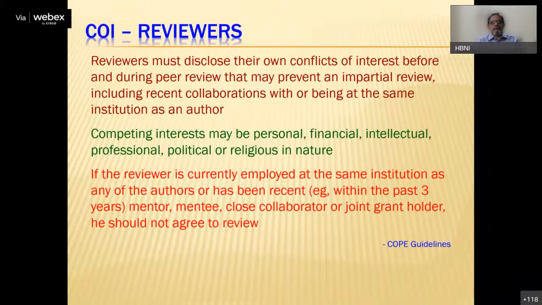So again, for the reviewers, the competing interests could be personal, financial, intellectual, professional, political, or even sometimes religious in nature.